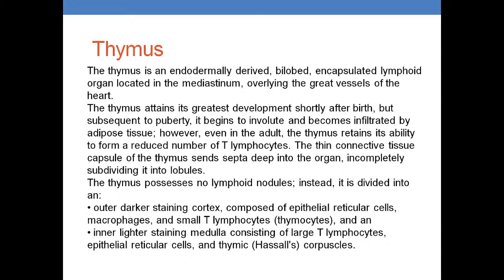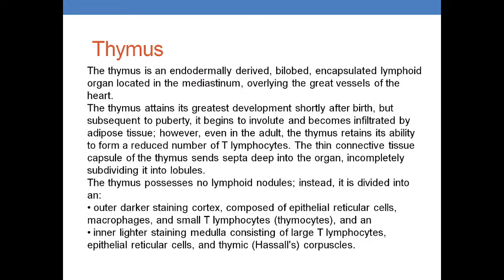Thymus. The thymus is an endodermally derived, bilobed, encapsulated lymphoid organ located in the mediastinum overlying the great vessels of the heart. The thymus attains its greatest development shortly after birth, but subsequent to puberty it begins to involute and becomes infiltrated by adipose tissue.